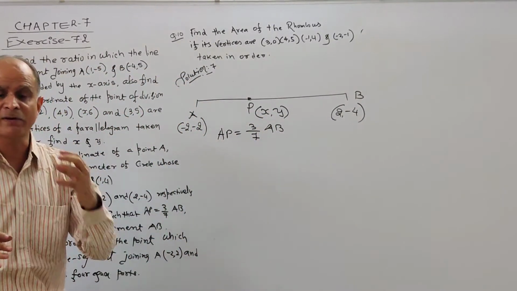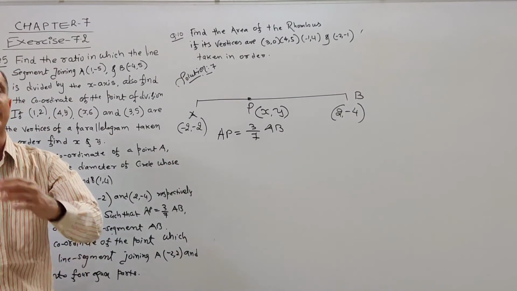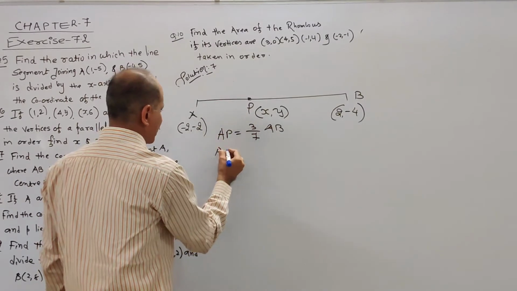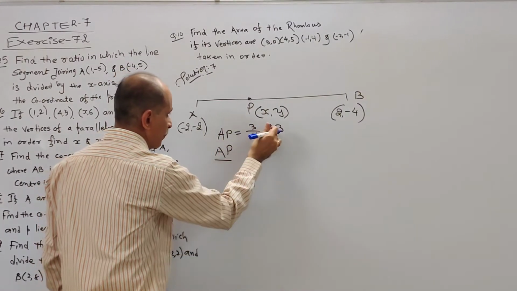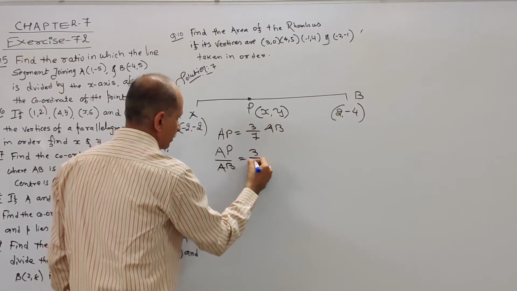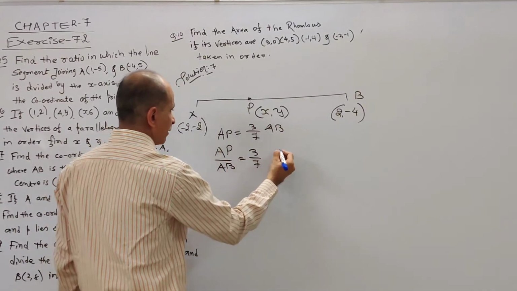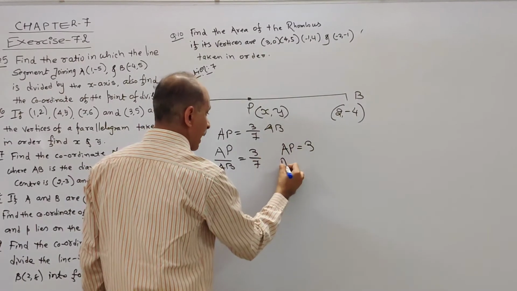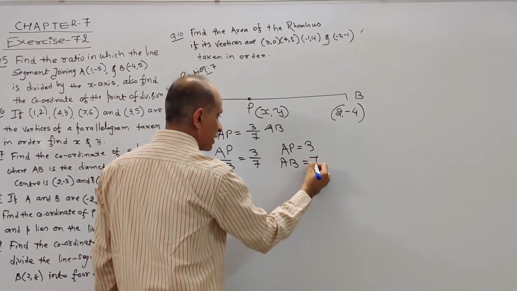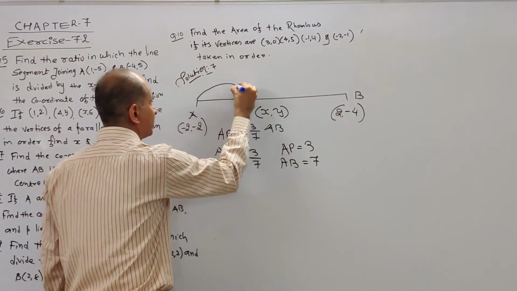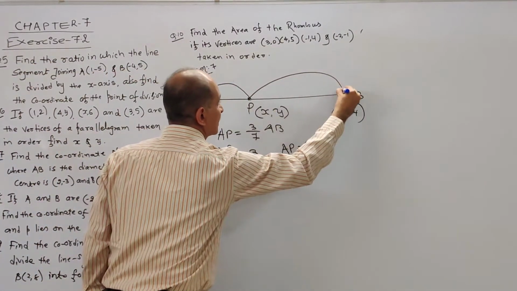So you need one ratio and that is known as m:n. How to find out this? From this relation we can say that AP upon AB is equal to 3 by 7. So here you can write AP is equal to 3 and AB is equal to 7. But for the ratio you need AP as well as PB.